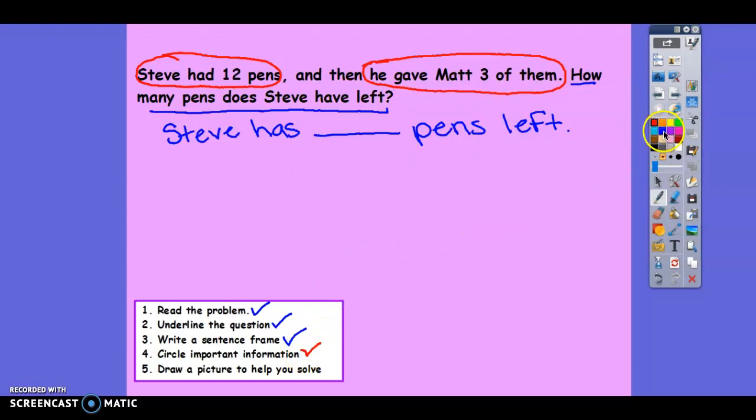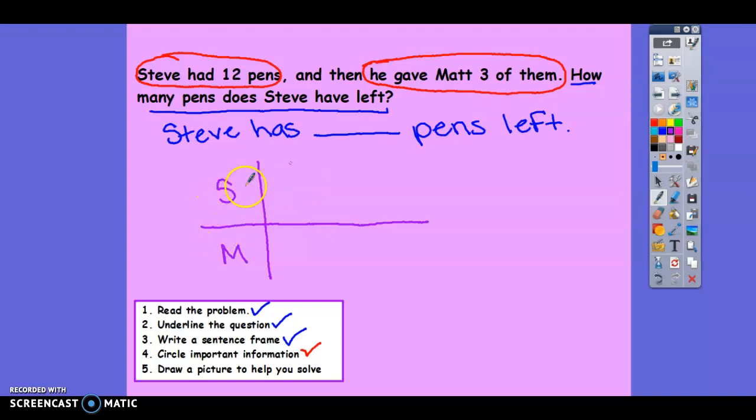All right, guys, my last step is to draw a picture to help me solve. So what am I thinking here? I know there's Steve and Matt, so I'm going to draw their lines. It might even be helpful, and we didn't do this on the last one, if you want to draw a line to separate the pictures so you don't confuse them. That'd be fine to do too.